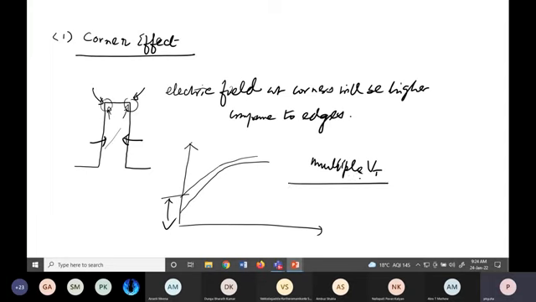Now how to improve or how to solve this problem? You can solve this problem by removing the corners, right? Because of the corners we have this problem. If we can remove the corners, then this problem will no longer be there.